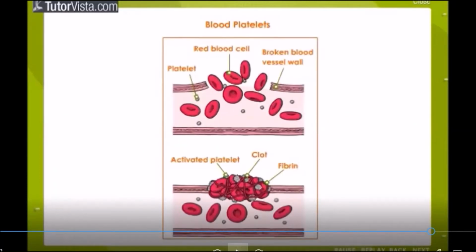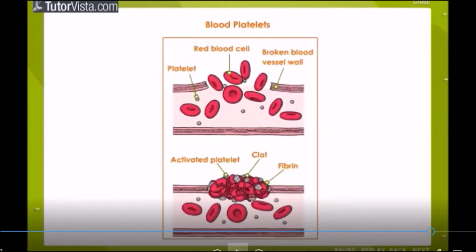Just like RBCs have a function of transportation, white blood cells have a function of defense mechanism. Blood platelets have a mechanism of forming a clot when excessive bleeding is happening. Whenever we bleed or we have an injury on our hands or any other part of the body, the blood starts oozing out.